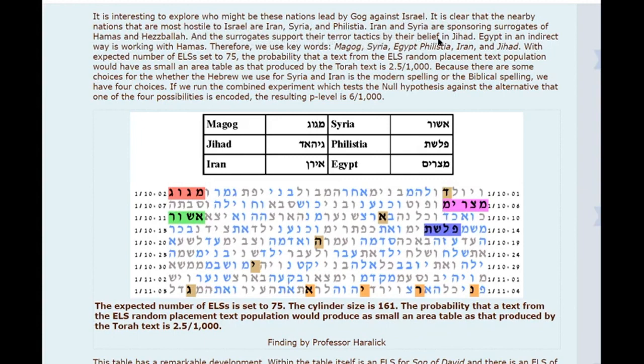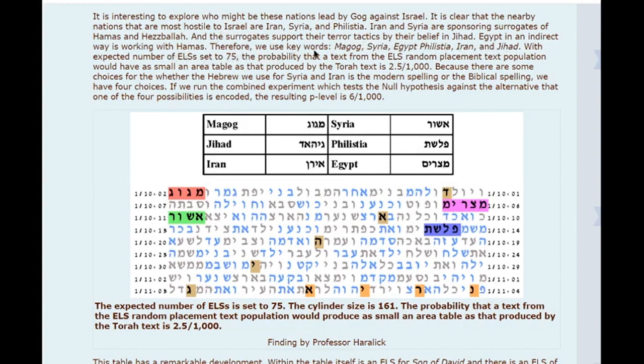Iran and Syria are sponsoring surrogates, Hamas and Hezbollah, and the surrogates support terror tactics by the belief in jihad. Egypt, in a different way, is working with Hamas.